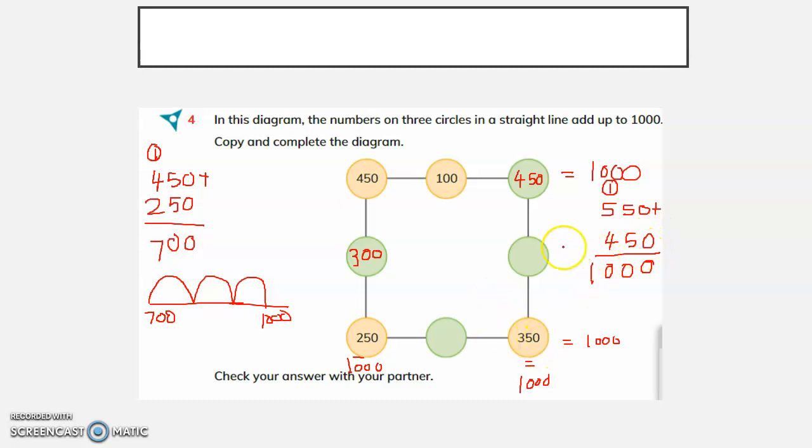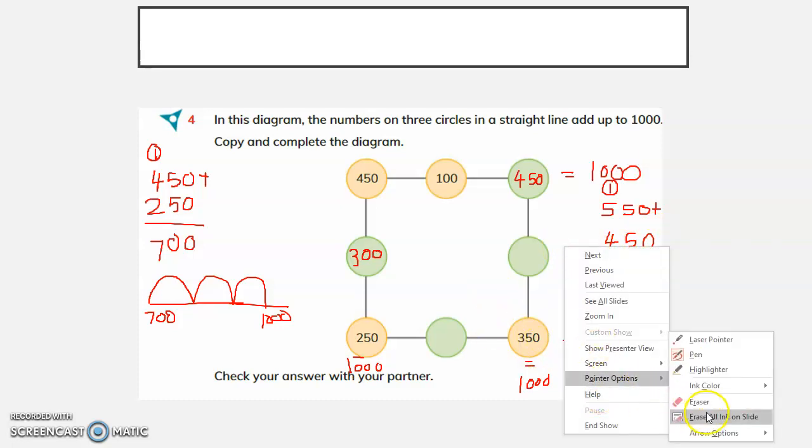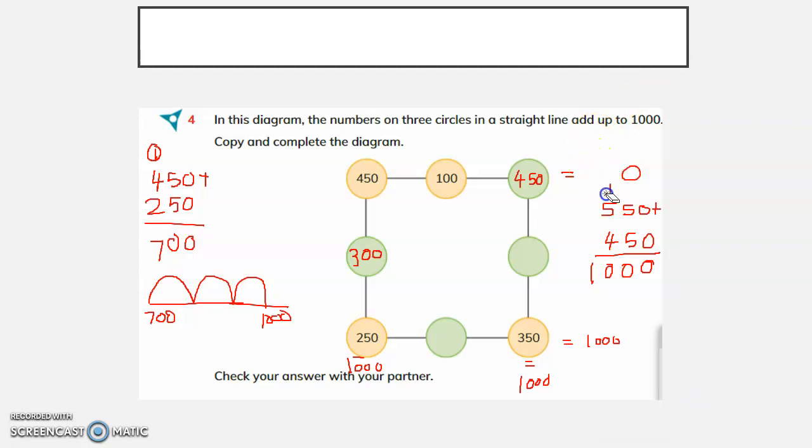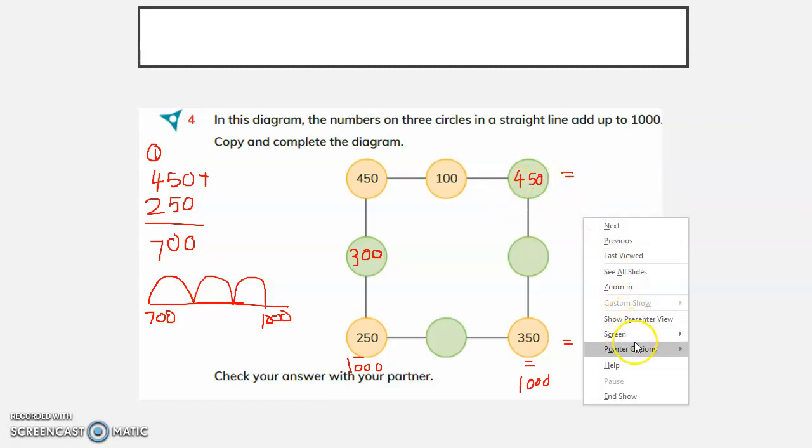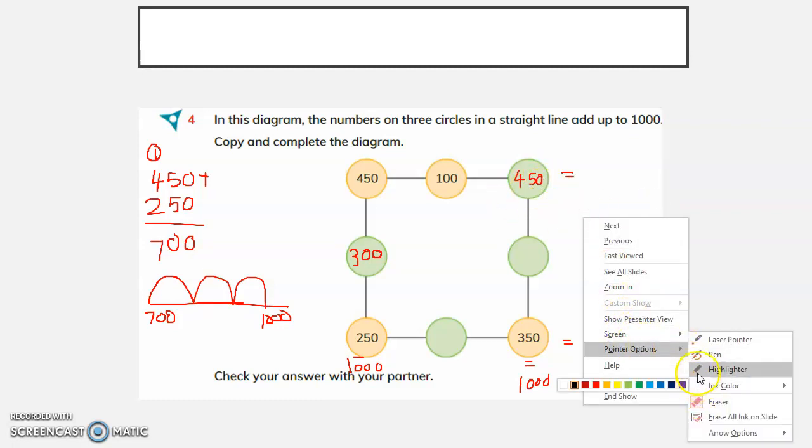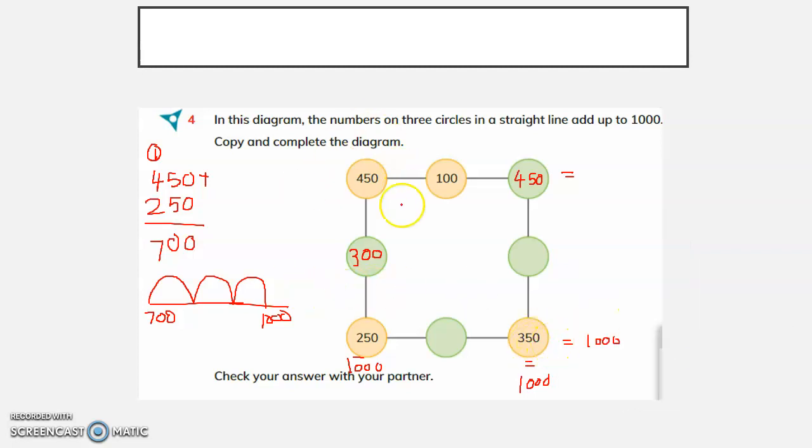Now coming to this, here it is 450. This is 350. So what do we get when we add 450 plus 350?